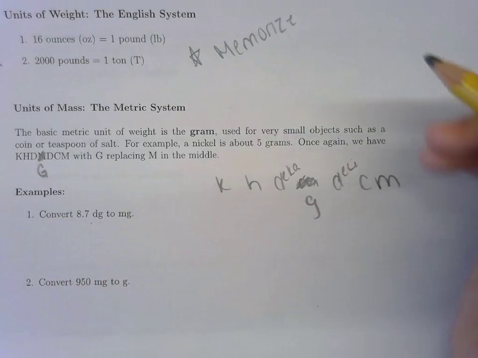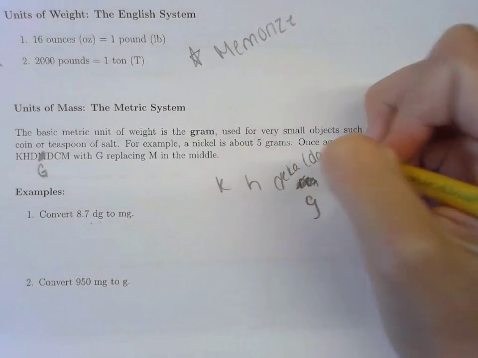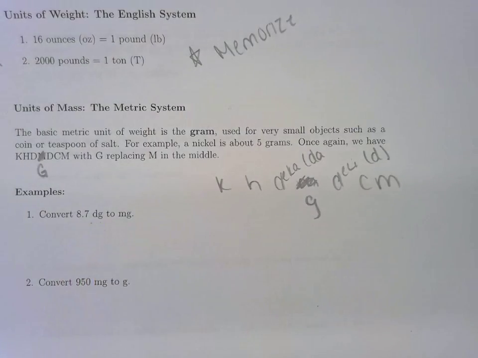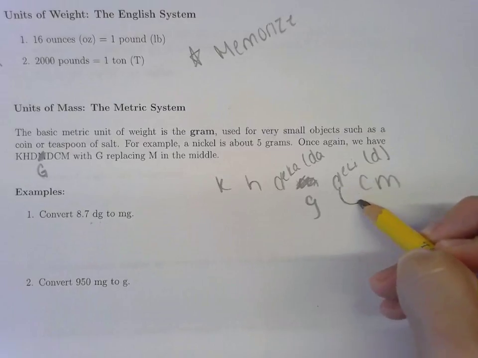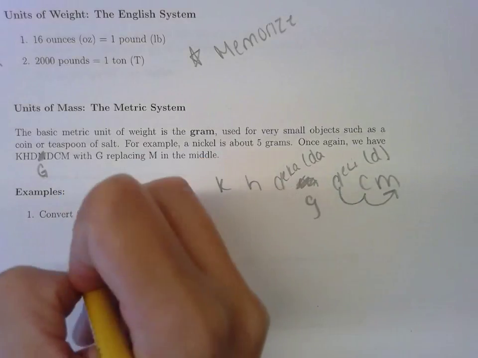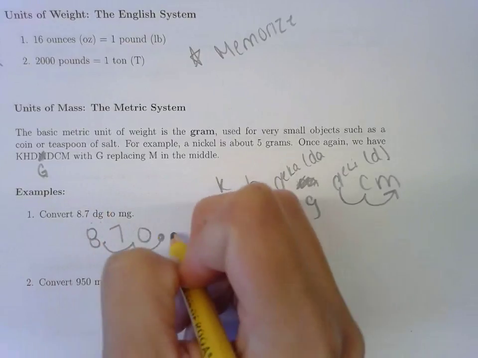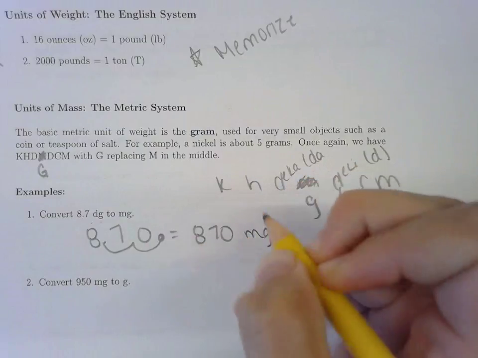This is DG, that's actually this one. And then deca is DA. So decagram would have DAG here. Okay, so we're going from decigram to milligram. So to the right, 2 places. So we have 8.7, and then to the right, 2 places. So this would be 870 milligrams.